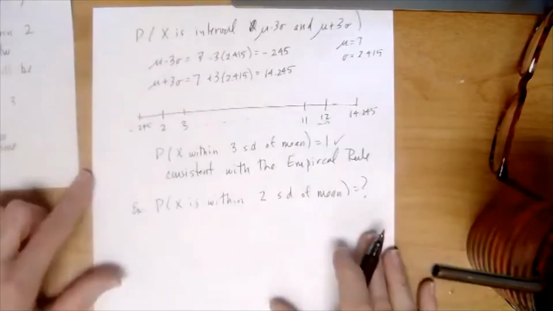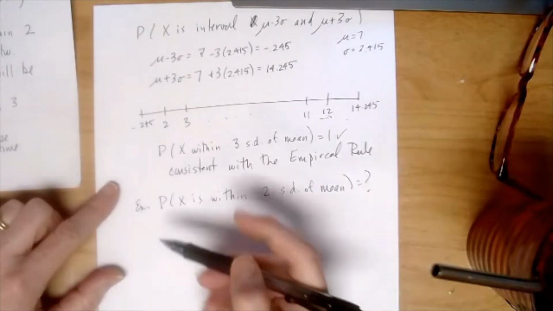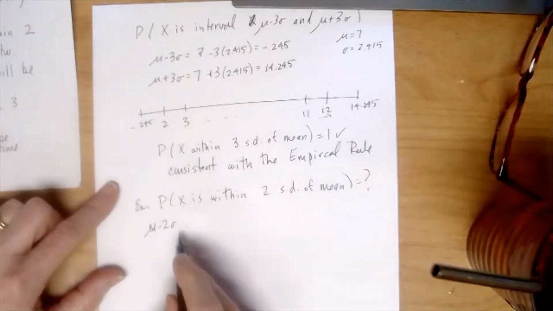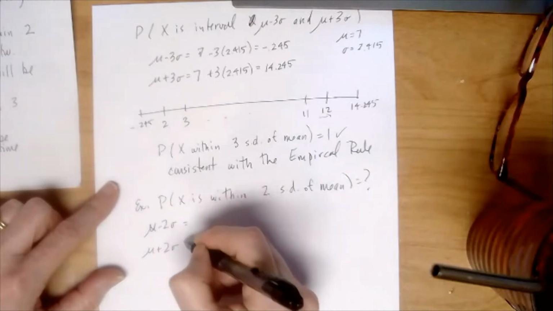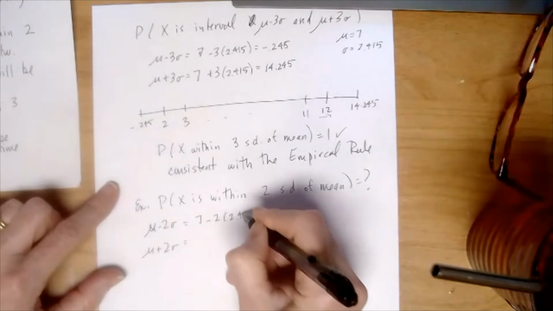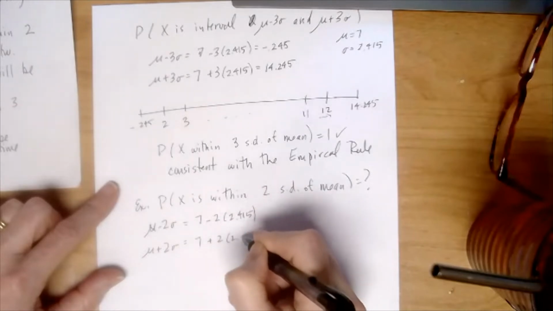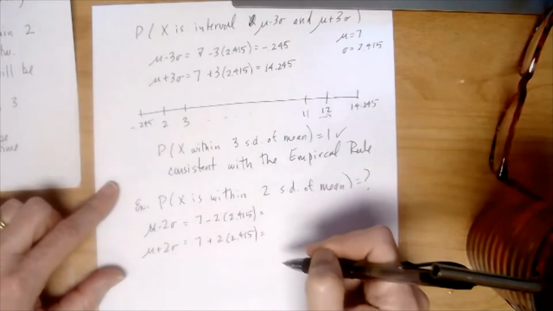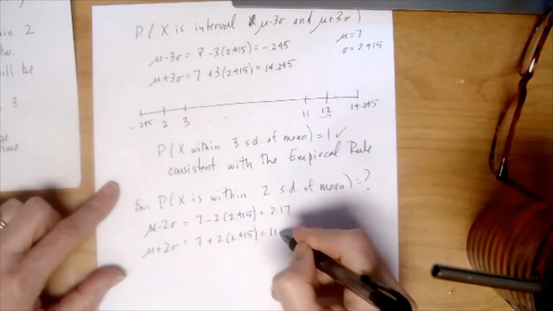All right, well, I need to know the interval mu minus 2 sigma, the mean minus 2 standard deviations, the mean plus 2 standard deviations. So this is going to be 7 minus 2 times 2.415. This is going to be 7 plus 2 times 2.415. And that is 2.17, and this one's 11.83.